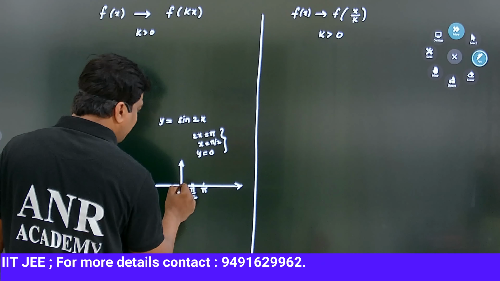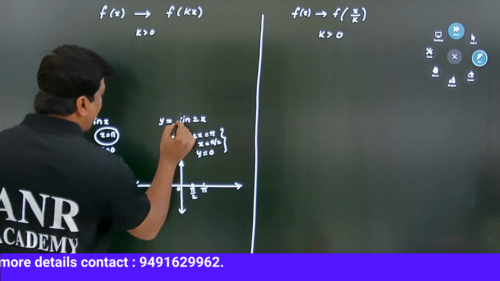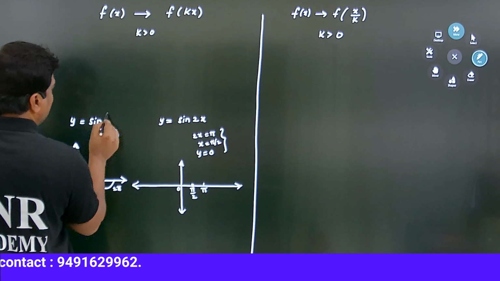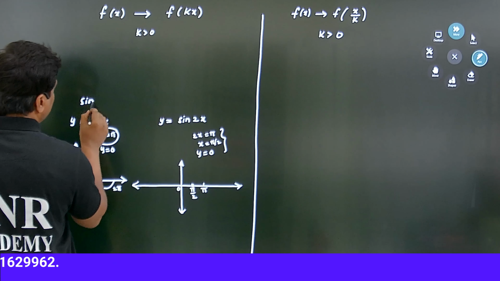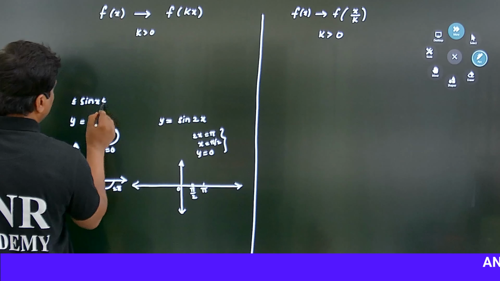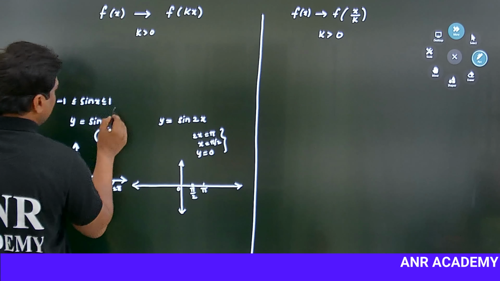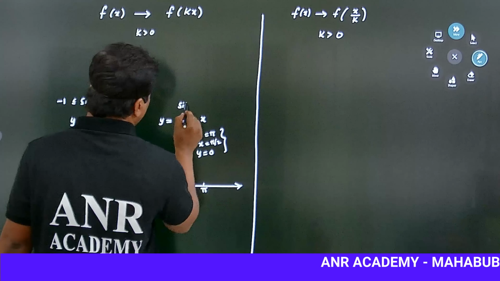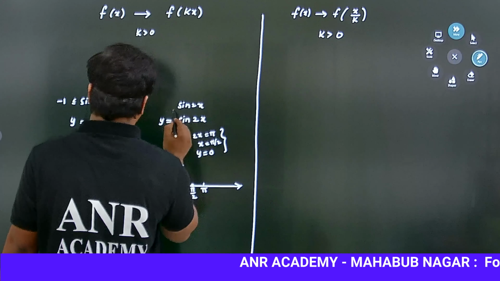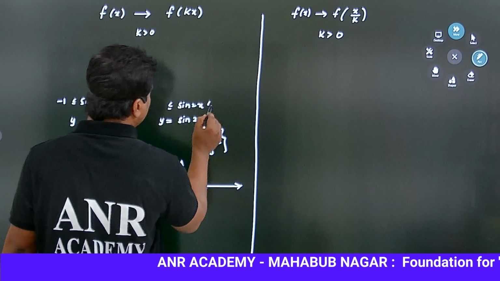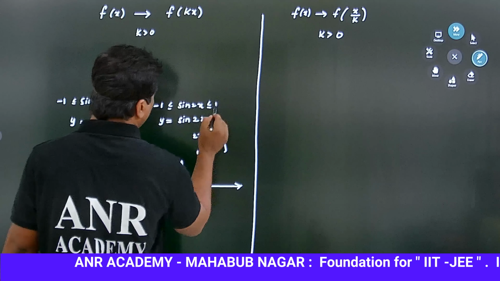And also remember, the sin x value is always lying between minus 1 and plus 1. The same way the graph of sin 2x also lies between minus 1 to plus 1.